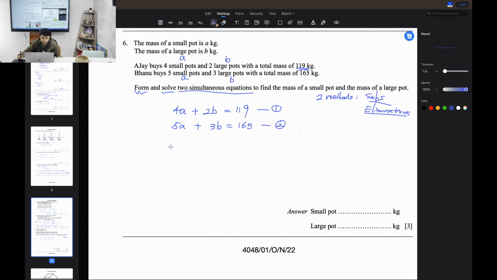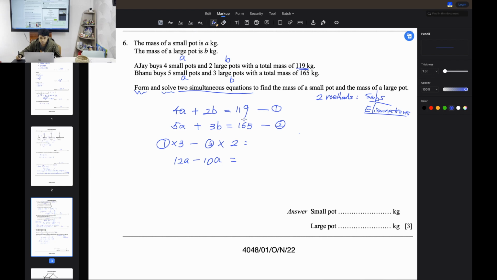First of all, let me multiply: equation 1 multiplied by 3 minus equation 2 multiplied by 2. Guess which one I'm eliminating? B. So 3 times 4 is 12A minus 2 times 5 is 10A, and then plus 6B minus 6B equals 0B.